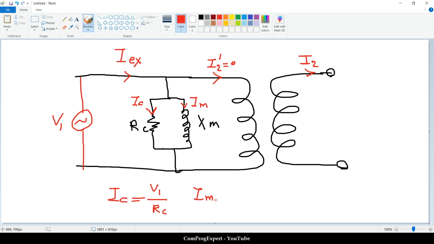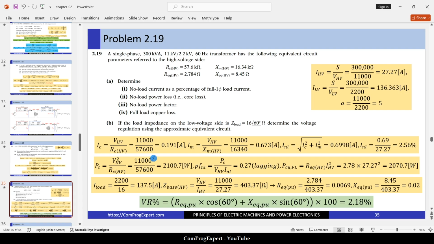And the magnetizing current amplitude is V1 divided by XM. So here, the equivalent core resistance current is 0.19 amps. The magnetizing current is 0.67.